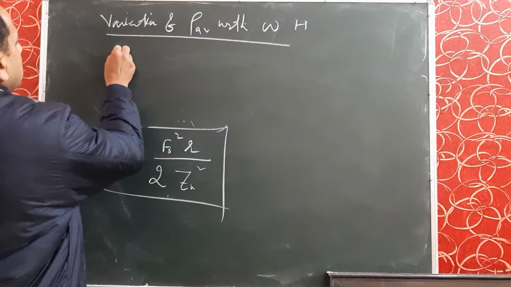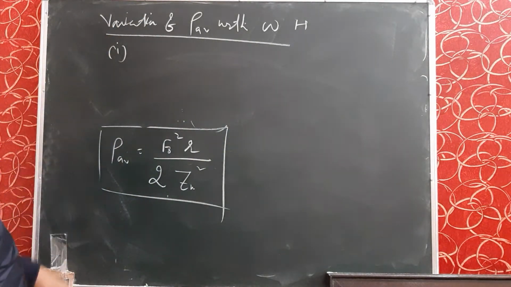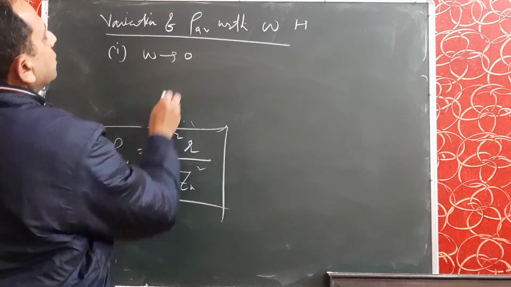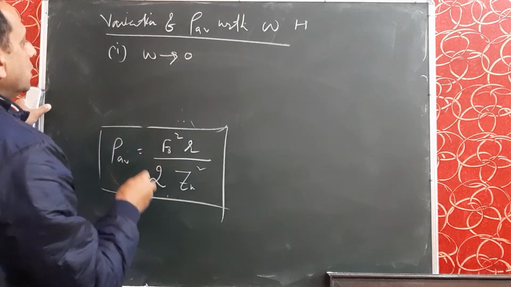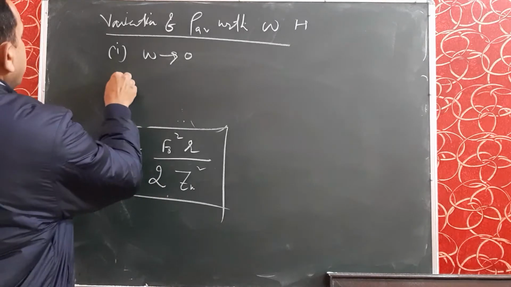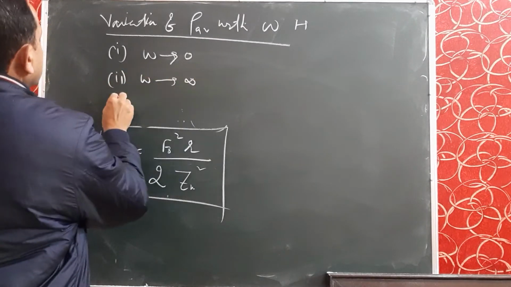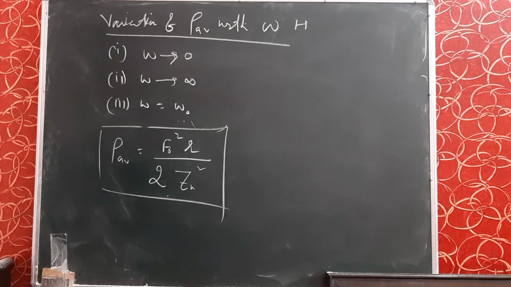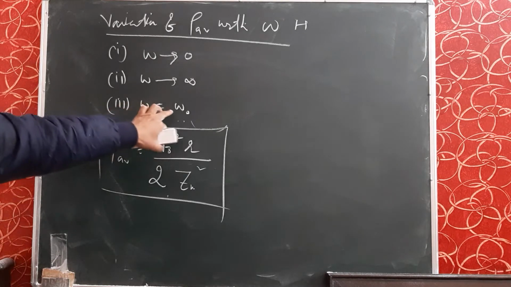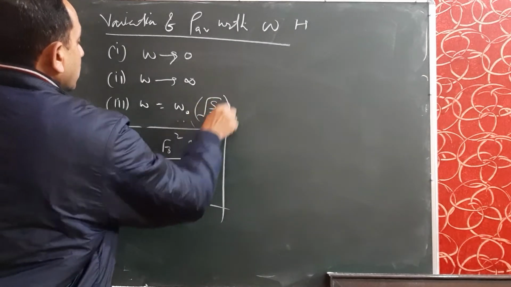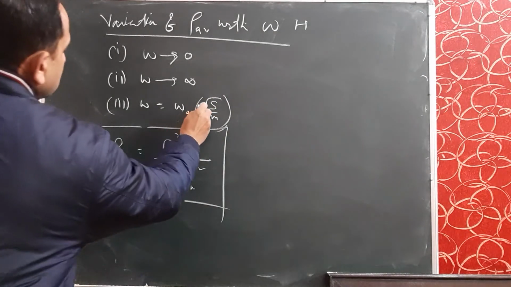You know that we will discuss by taking 3 cases. First one, omega tends to 0, that is at very low frequencies. Second, at high frequencies, omega tends to infinity. And third case, omega is at resonance. So in case of power, the resonance frequency is the same as omega naught, means frequency of undamped oscillator. Omega naught means under root s by m. This is the value of omega naught.